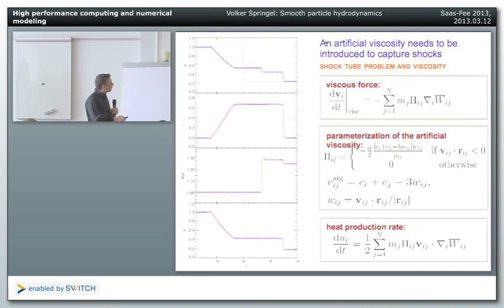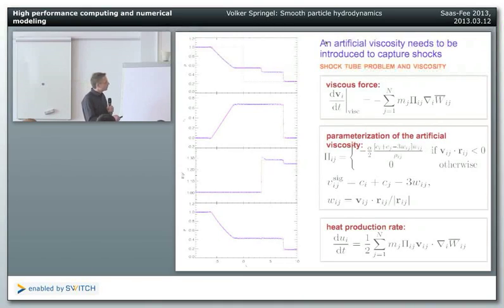With blue symbols, you see an SPH result for this problem. Broadly speaking, SPH reproduces these features. In particular, you see that there is an entropy production here. And this entropy production can only be present in SPH if you have an artificial viscosity.